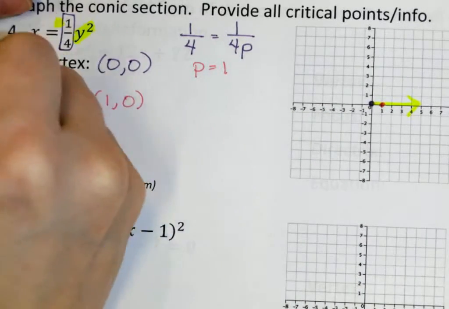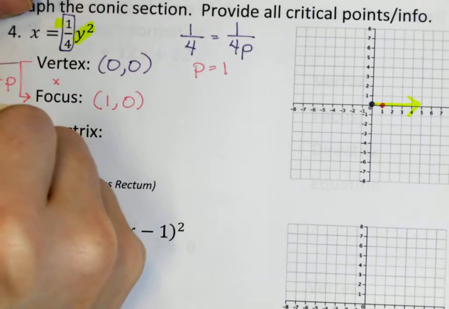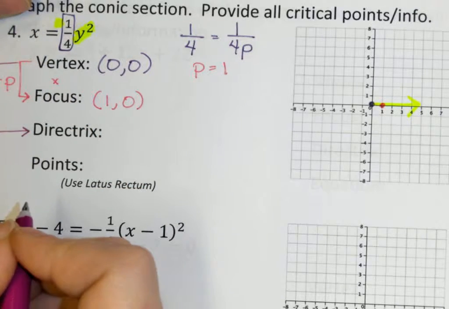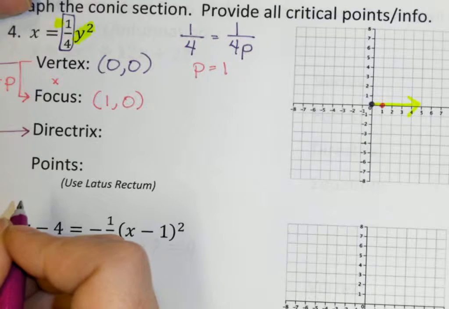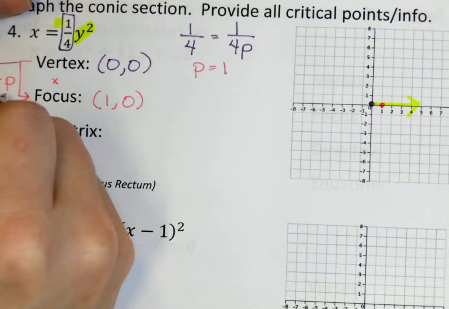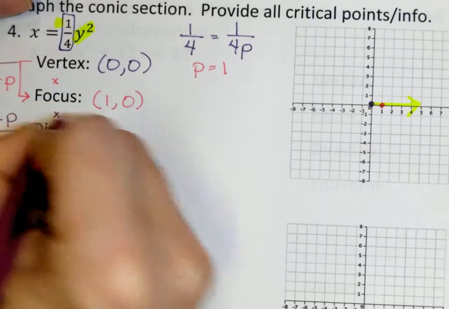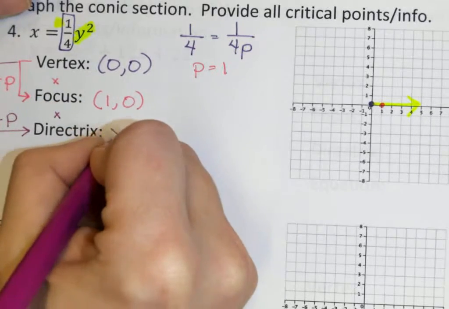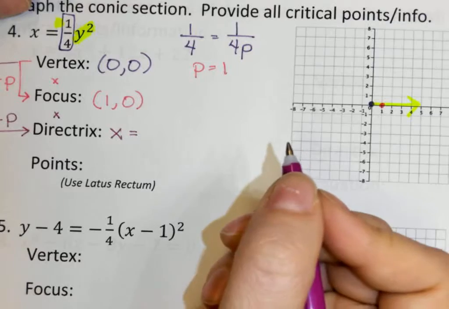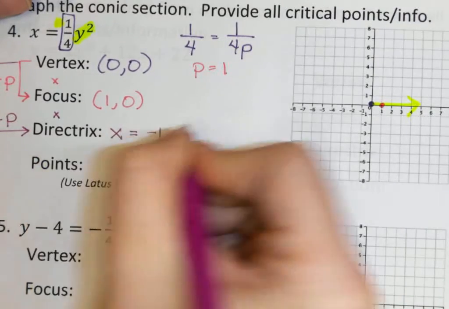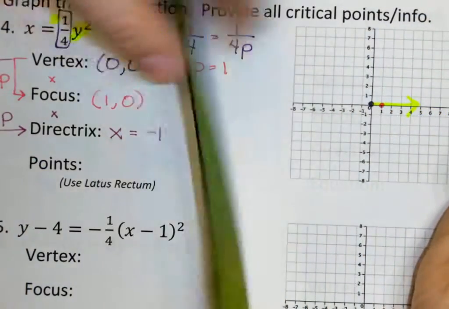How do I go from the vertex to the directrix? The other way. So instead of adding P, we minus P. Also to the X. So this is going to be X equals what? -1.